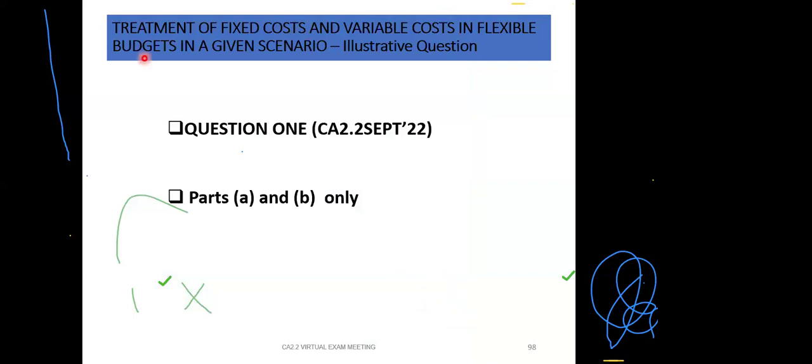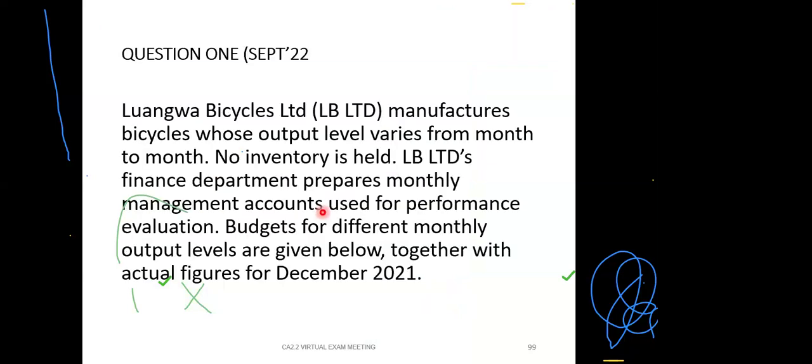Okay, so if we look at the last question there, CA2.2, parts A and B only. Fast track says Langua Bicycles, LB, manufactures bicycles, output levels vary from month to month. No inventory is held.